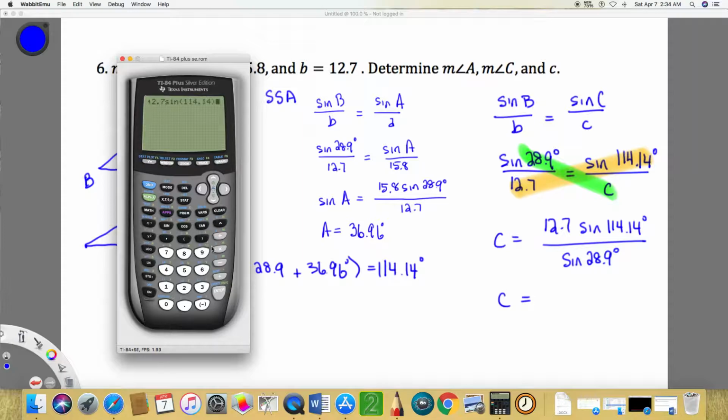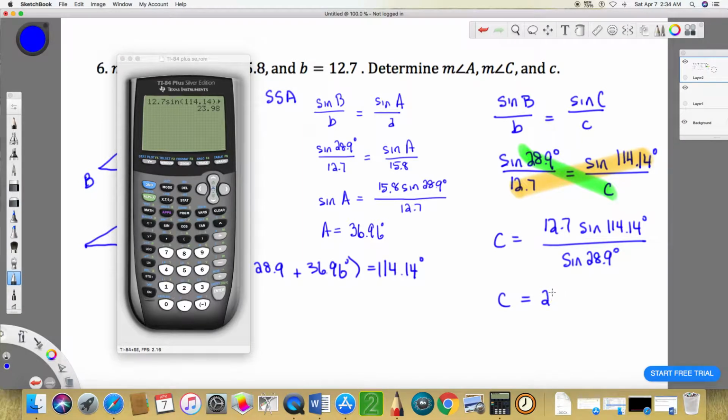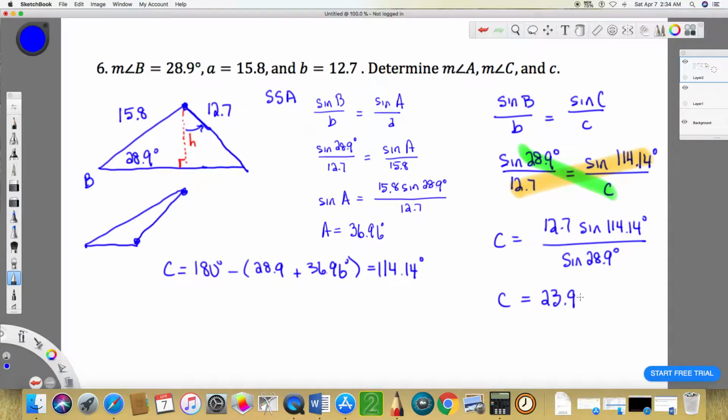Don't forget to close that parenthesis. 18.98 is the length of that side. So we have solved one triangle.